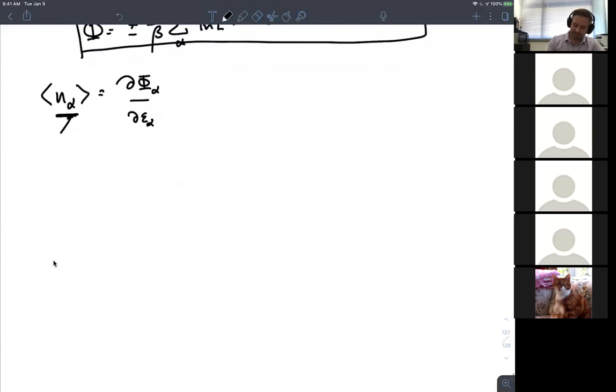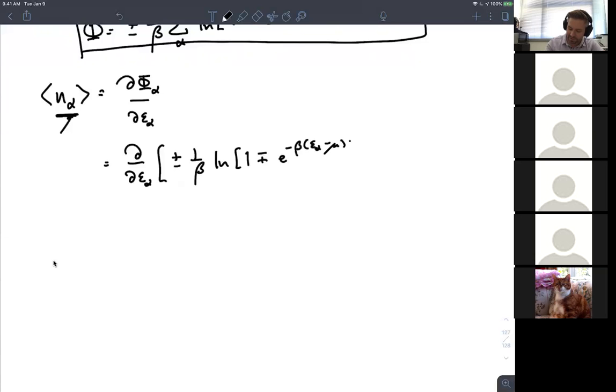So this is d d epsilon alpha of plus minus 1 over beta log 1 minus plus e to the minus beta epsilon alpha minus mu. Now all you have to do is take the derivative of this, which is not so bad.